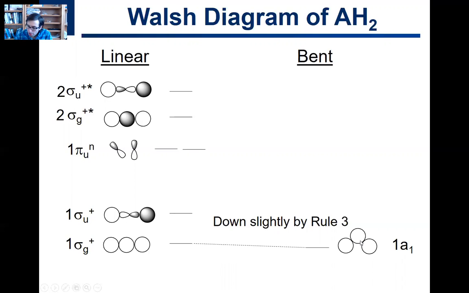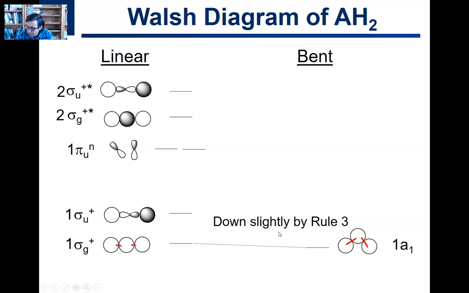And so, the center atom to ligand bonding here are these points, right? We're kind of thinking about those bonds right there. And in both cases, you just have a sphere overlapping with a sphere and a sphere overlapping with a sphere. You don't care if a sphere is oriented one way or the other. It's a sphere, so there's an equal amount of overlap everywhere. So, rule 2, there's no effect here. You haven't changed A to L bonding at all.